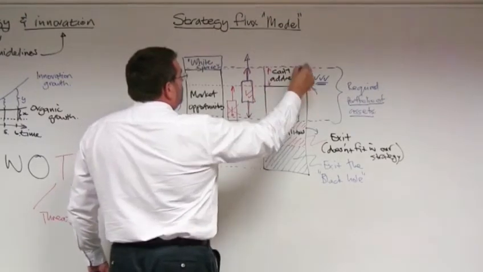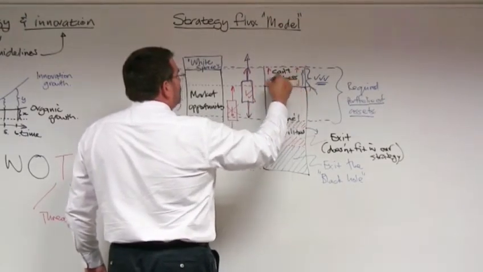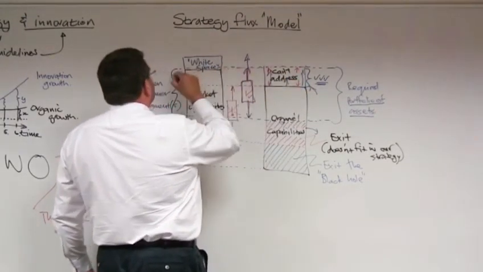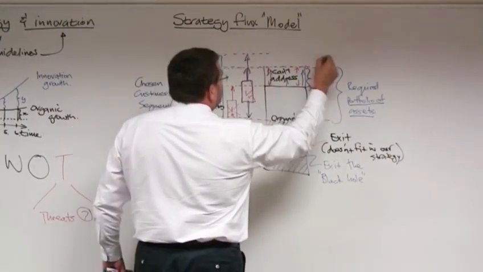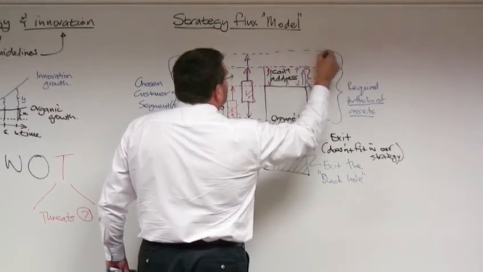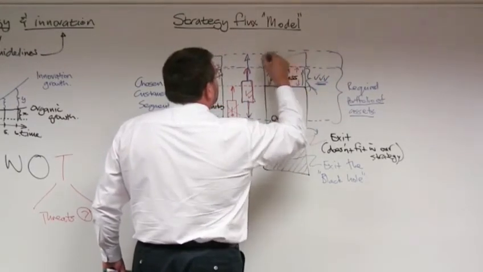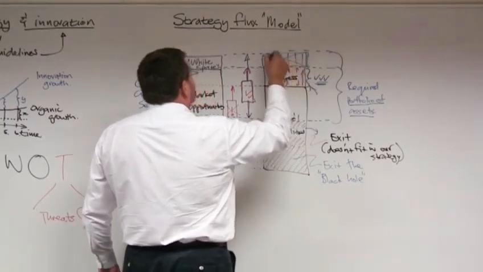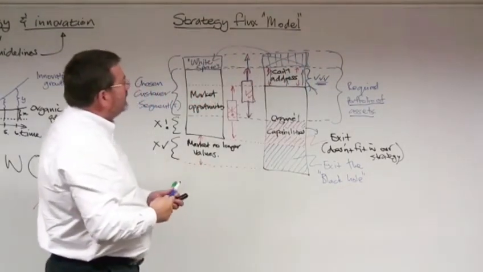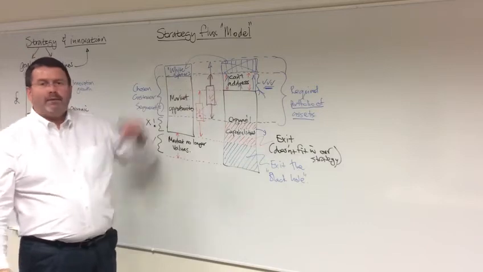So we would complete and add resources into here, but if our strategy actually incorporated some white space possibilities, then this brace would go all the way up to there, and we would be looking for the assets that would fit into this piece up the top in order to address that. This requires a slightly different type of investment.